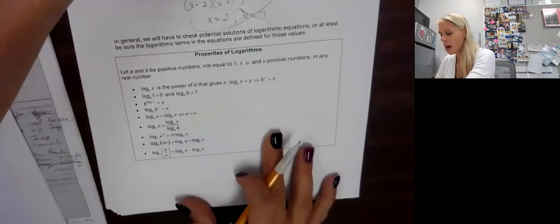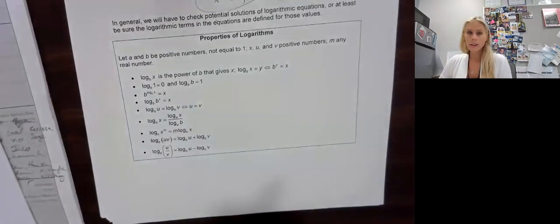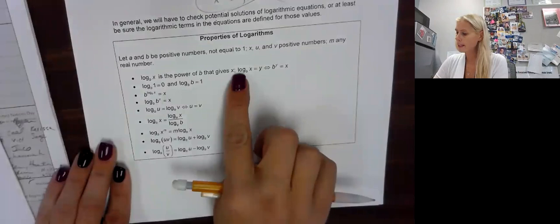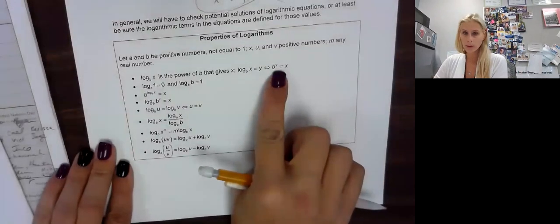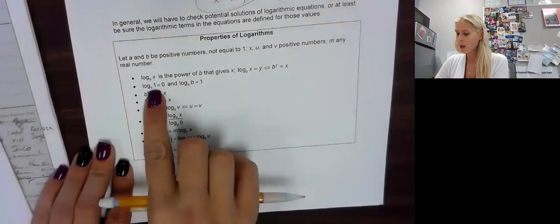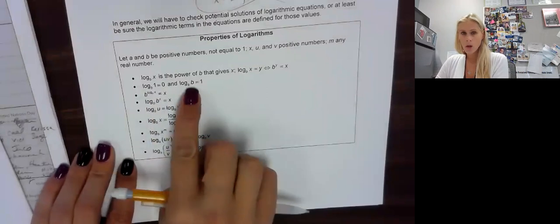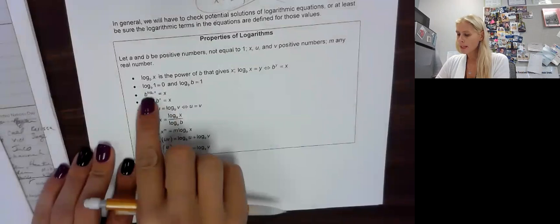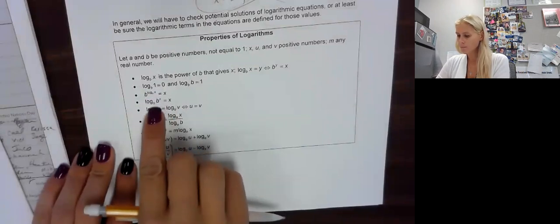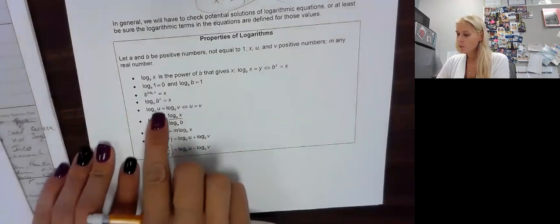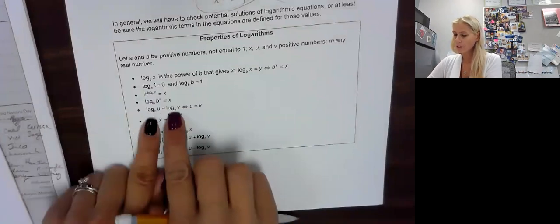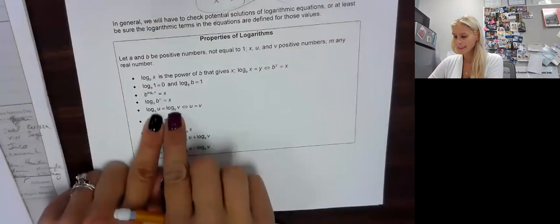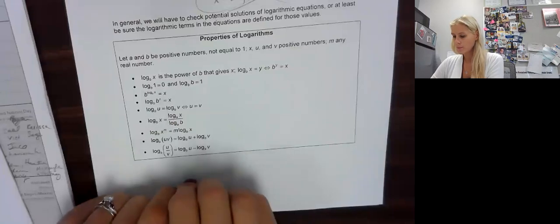So here are some properties of logs that we went through. We can convert them into exponential. We know that log base b of 1 is 0. We know log base b of b is 1. We know that b and log, they cancel. Okay. We know that if you have a log base b on both sides, that u and v equal.